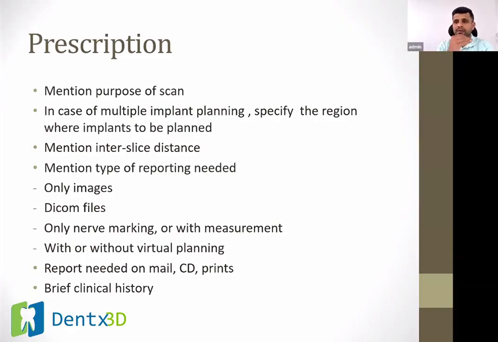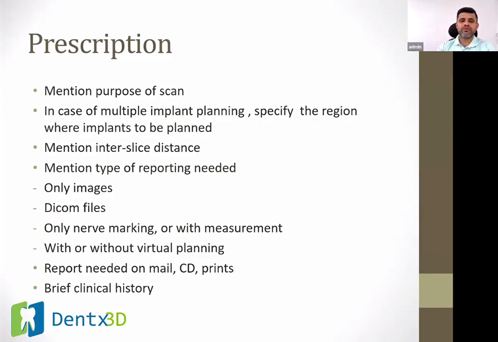So we should have a prescription for our referred patient where we must mention the purpose of the scan. When we want implant planning, we should mention which regions we plan to put implants in. When we get a written report or the slice reports, the distance between the two images is the interslice distance.